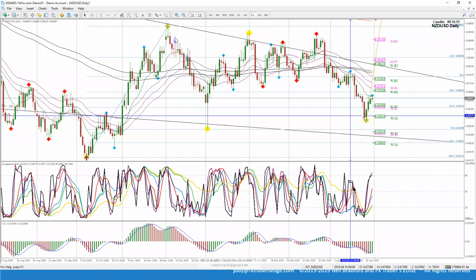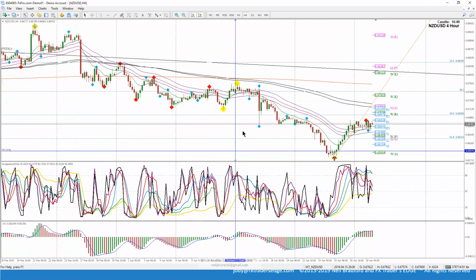Yellow's moving down. We expect this to snap back to a new extreme, and it did. But this stretch away only involved the black and the red. On the H4 chart, it involved the black, the red, the blue, and the green.